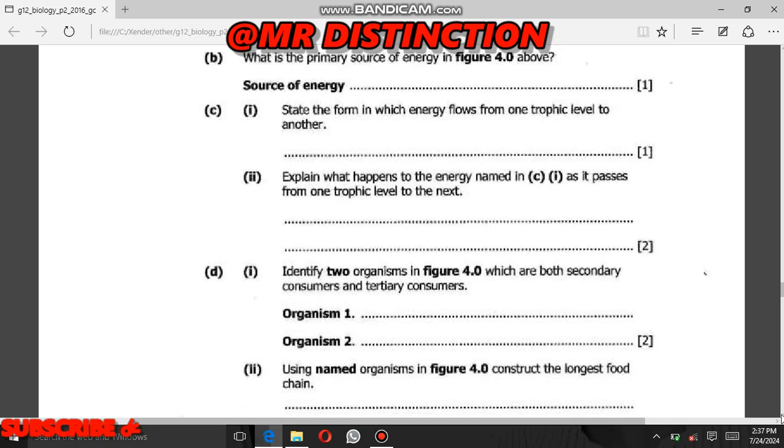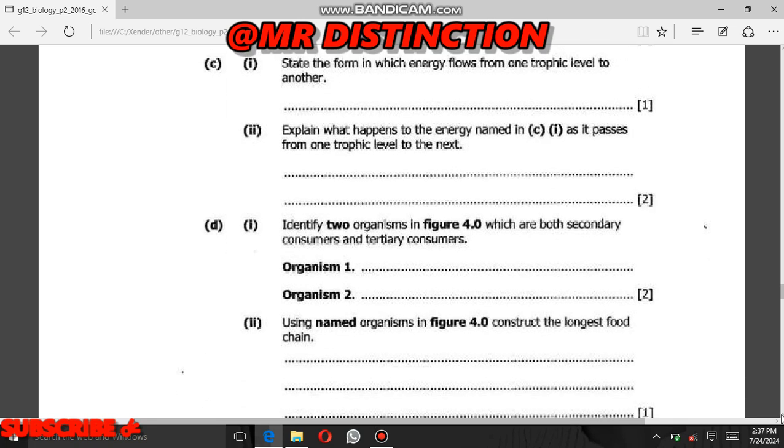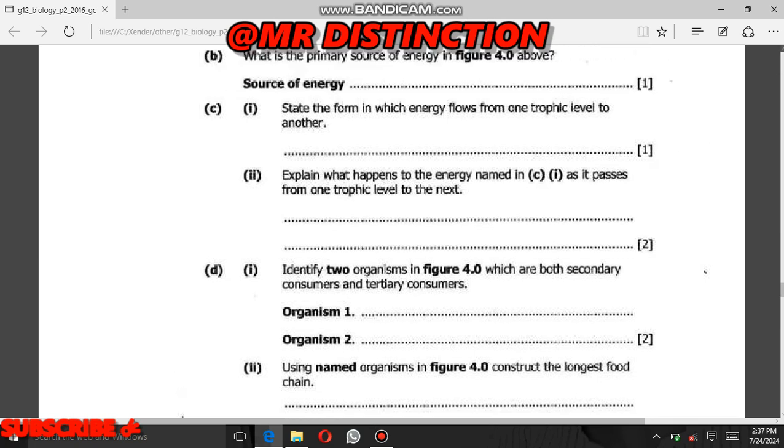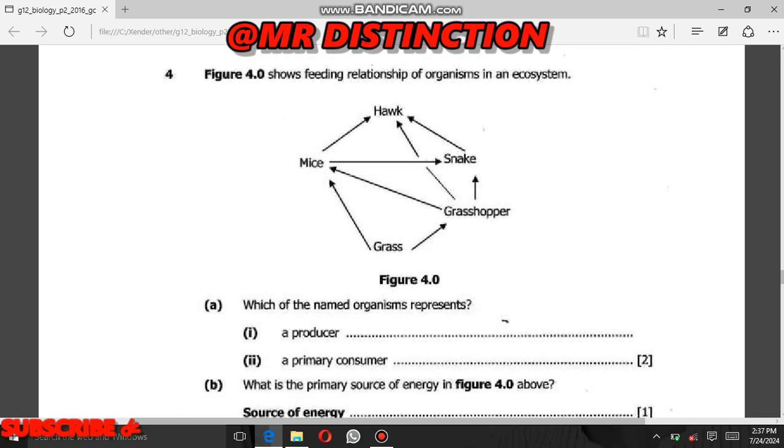Then question D1, this is the last question. Identify two organisms in figure 4.0 which are both secondary consumers and tertiary consumers. Secondary consumers are organisms which feed on primary consumers. So any organism which is feeding on a primary consumer is called a secondary consumer.